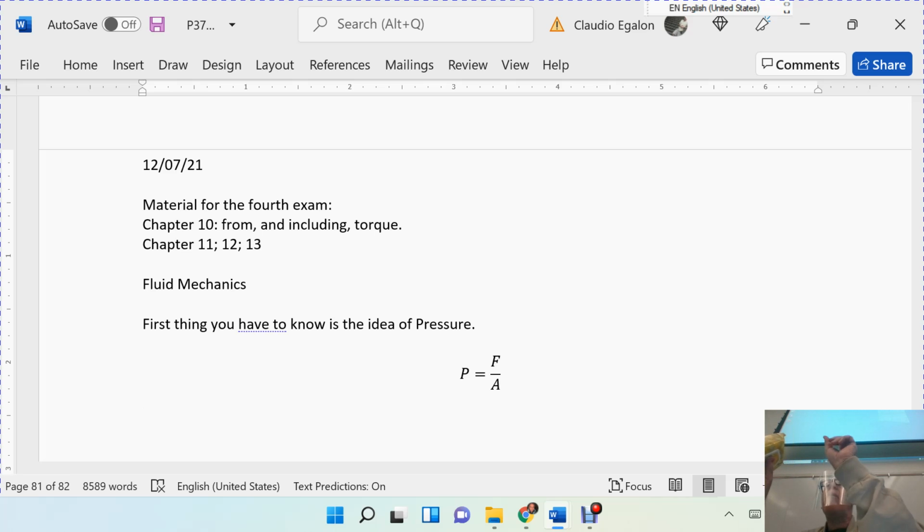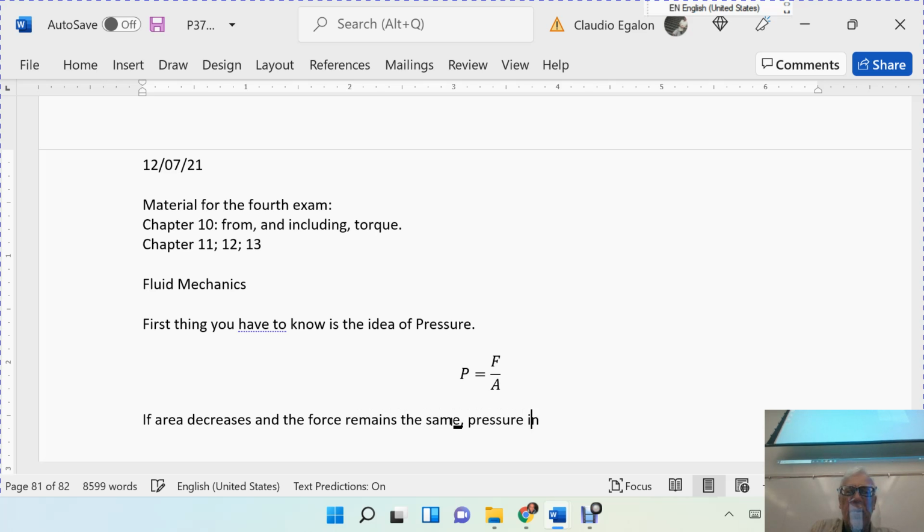I'm asking about the area. Thinner means less area. This area is greater than this area, right? So if area decreases and the force remains the same, pressure increases.